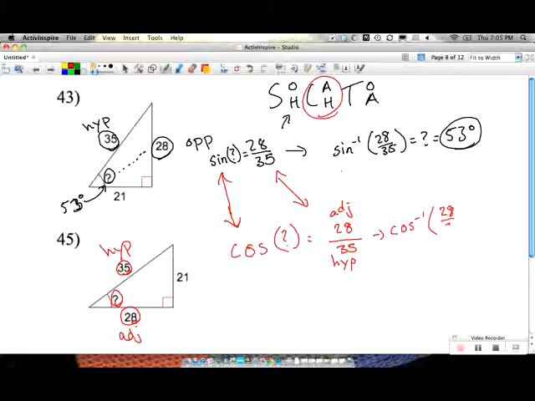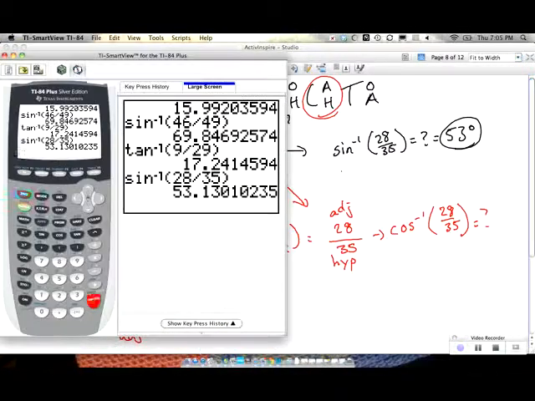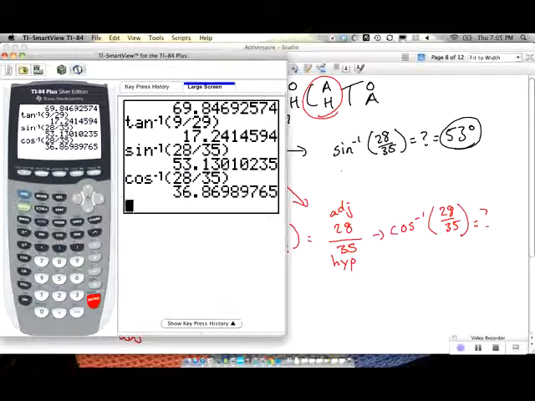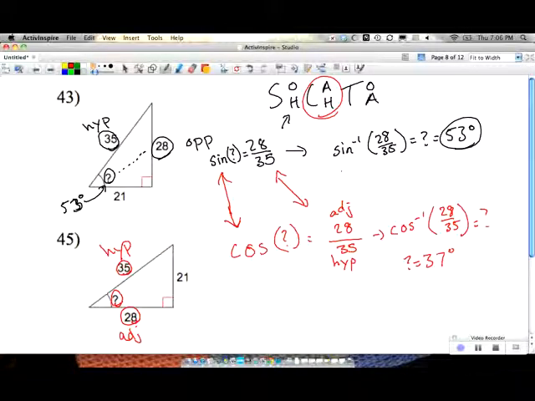That means second cosine. We're going to do 28 divided by 35. And that means our angle is about 36 or 37. I'm going to go ahead and round it up and say 37. So that means the question mark equals 37 degrees. So down here, this question mark equals 37 degrees. Let's try another one.